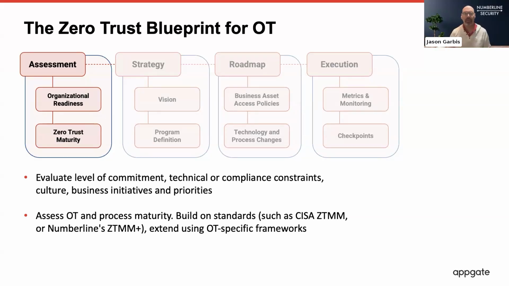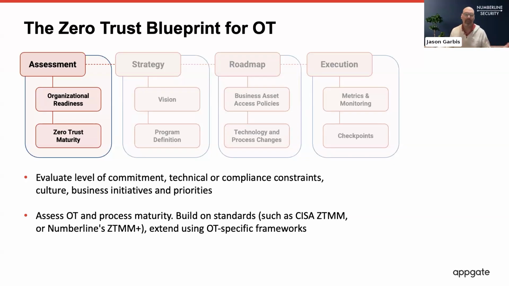And this is especially true on the OT side. What sort of business initiatives exist that can be utilized to accelerate the adoption of zero trust? And what sort of priorities does the organization have around this? So you take all those things together, and that's going to help you very quickly get a sense for how much effort you need to put into education, evangelism, internal selling, versus, oh no, we have a commitment to do this. Let's actually focus on the execution.